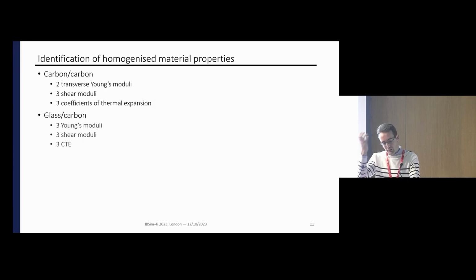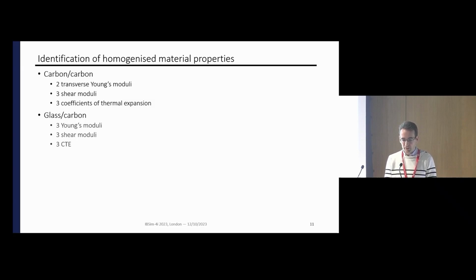And then to set the problem, we need to know how to build the vector of parameters. So we do the identification in two steps because in fact the two problems are coupled. We identify first the material properties.